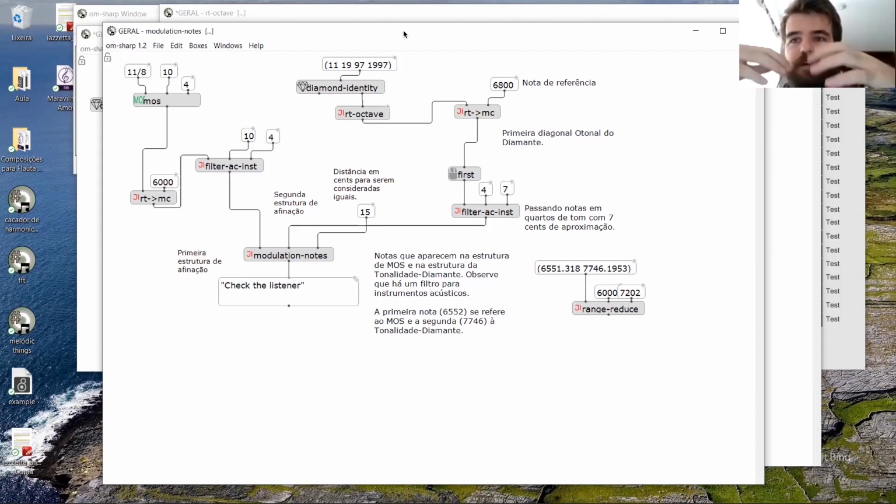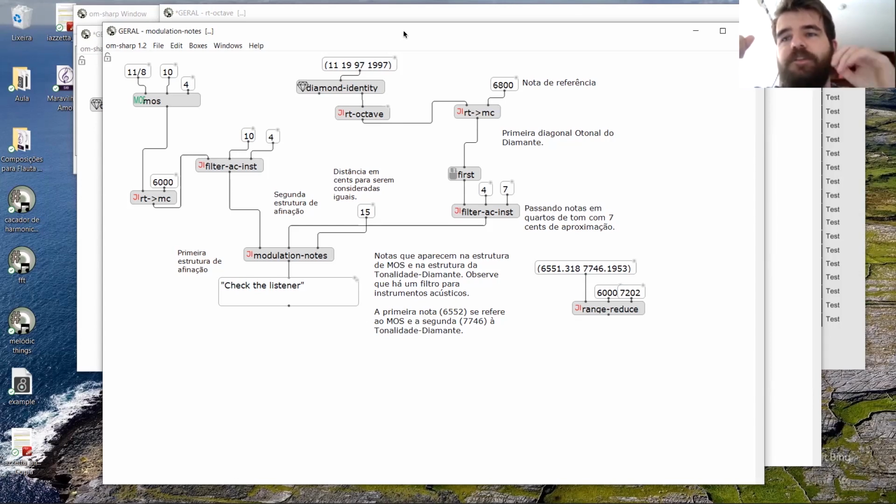It's like pivot note modulation: they have one note in common, and it uses that.